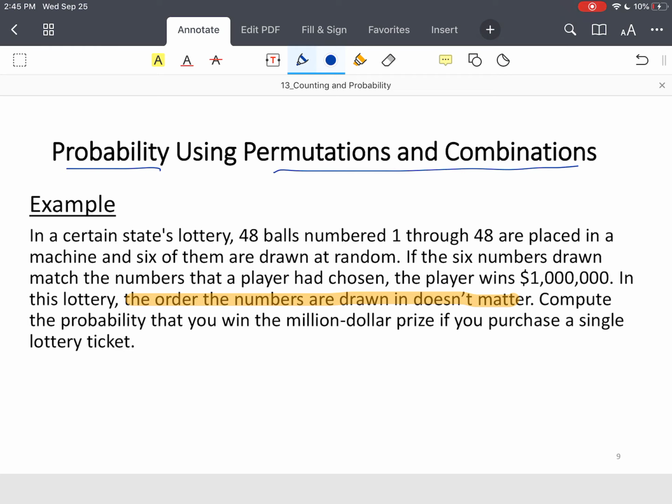With theoretical probability, we want to know our total outcomes. That's the first piece we want to find. We know order doesn't matter, so this is a combination. We're going to go 48 choose, or nCr, they're only drawing 6.